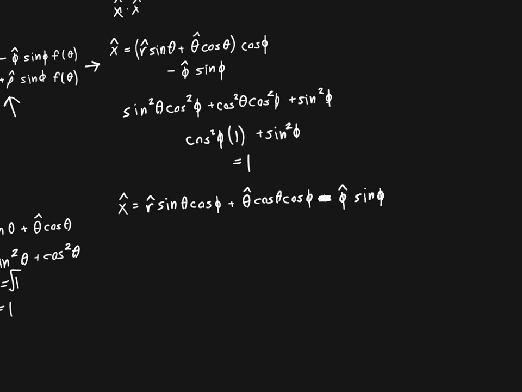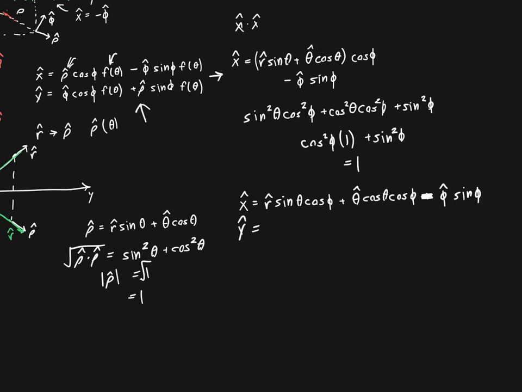Y hat is, and we just plug in rho hat equals what we found before. And so we get r hat sine theta sine phi plus theta hat, sorry, that's theta, cosine theta sine phi plus phi hat cosine phi.